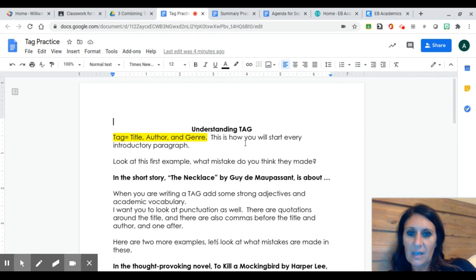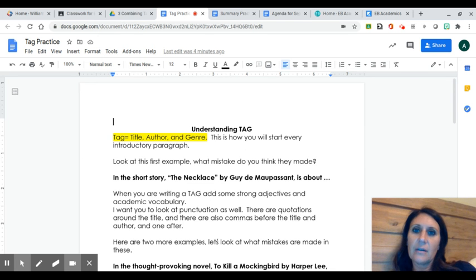But for right now, let's talk about yesterday. We talked about the evidence based writing process, and we talked about the introductory paragraph, the body paragraphs, and the concluding paragraphs. If you need to remember what goes in each one, I want you to refer back to the notes that we took yesterday.